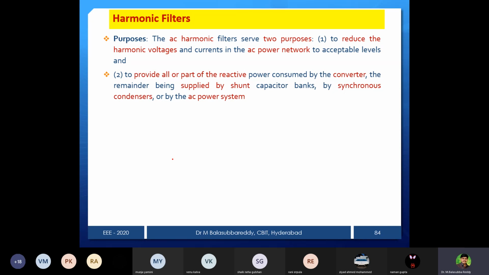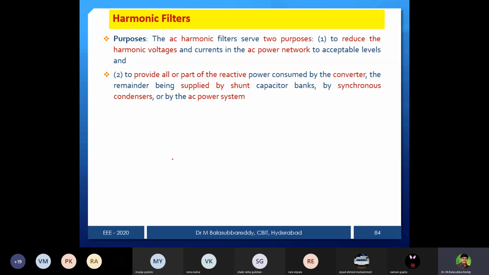As you noticed in the previous slides, we discussed what types of harmonics there are, characteristic and non-characteristic, the causes and effects of harmonics injected into the lines, why non-characteristic harmonics are injected, and the AC side and DC side values. Now that you are aware of the harmonics, the other part is how to eliminate them.